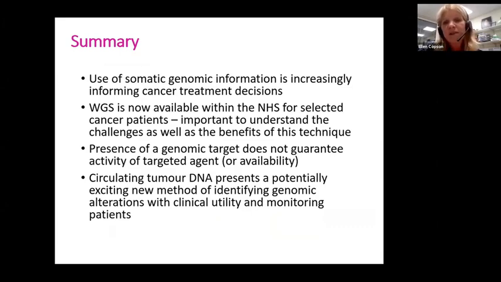The presence of a genomic target, as I said, certainly doesn't guarantee activity or availability, and it's important to be aware of that when you're talking to your patients, but also to non-oncologists. And circulating tumor DNA represents a really exciting method of identifying genomic alterations and monitoring them through a patient's journey. I'm going to stop there, but thanks very much for listening.